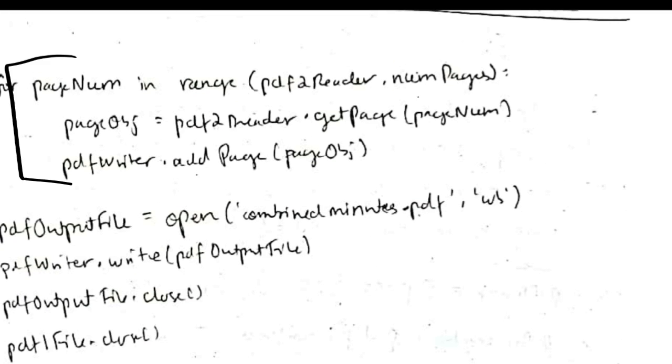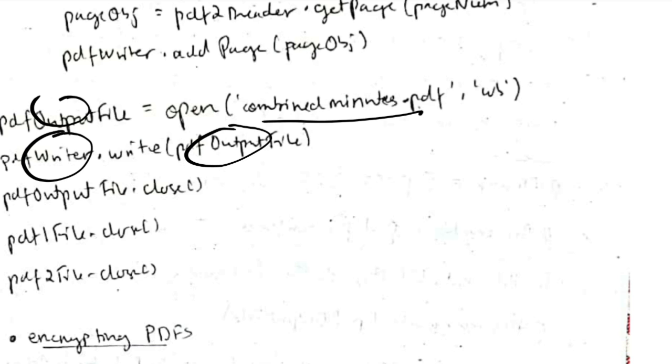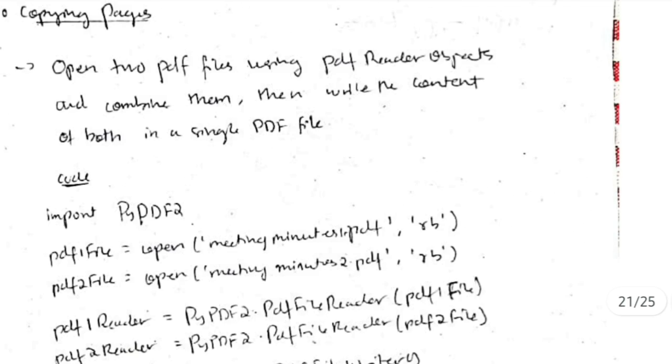We are accessing each page, and each page is converted to a page object, and the page object is added to pdf_writer. Okay, after that we open our output file, and we write the pdf_writer content in that output file. Whatever I stored here using the two files will be written in the output file. Then we will close it, meaning whatever objects we have opened will be closed. So this is how you copy the pages.